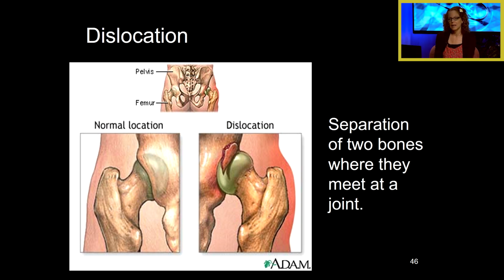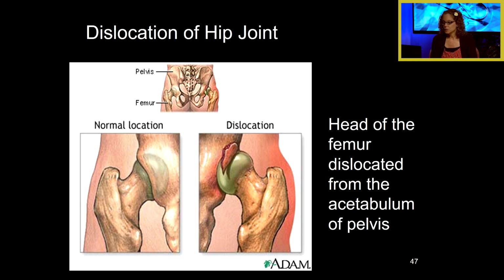What that means is that due to some kind of injury, the actual head of the femur is no longer placed correctly in that acetabulum. For some reason, due to injury or trauma, that has been separated out of that space, okay? And this can be very painful. So this is when the head of the femur is dislocated from the acetabulum of the pelvis.